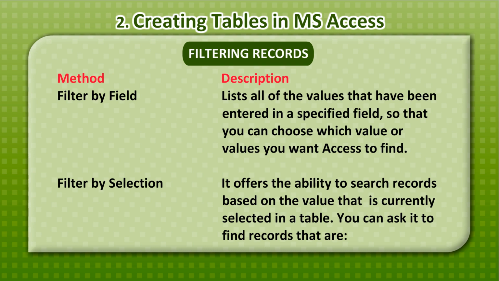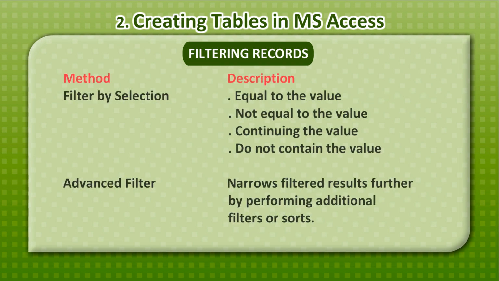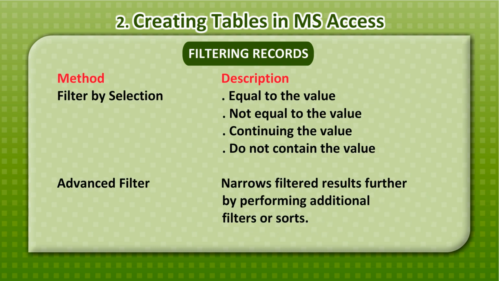Filter by selection. It offers the ability to search records based on the value that is currently selected in a table. You can ask it to find records that are equal to the value, not equal to the value, containing the value, do not contain the value. Advanced filter.